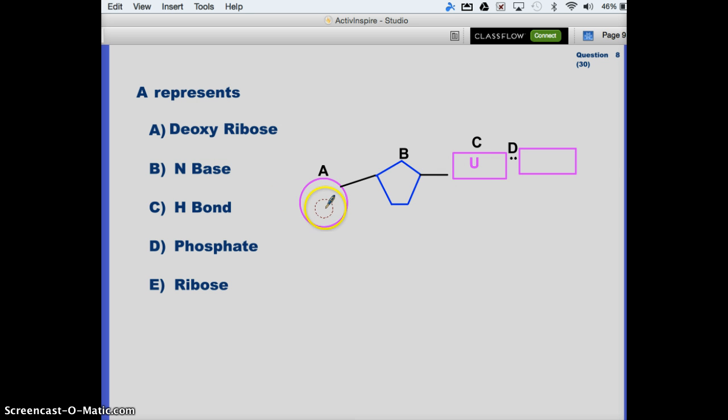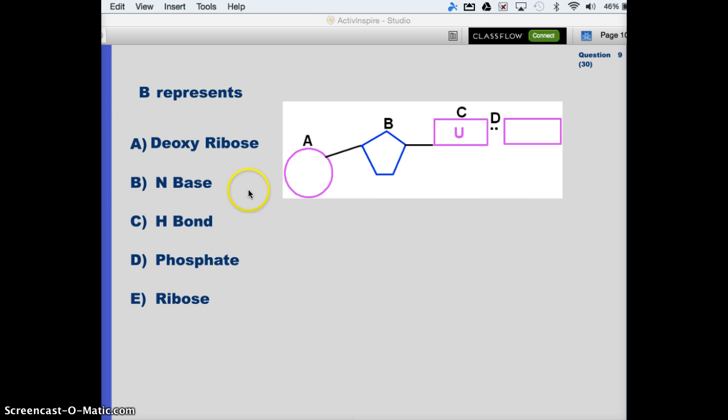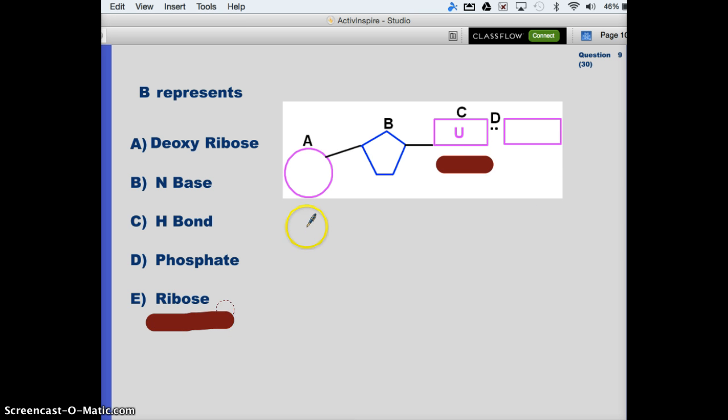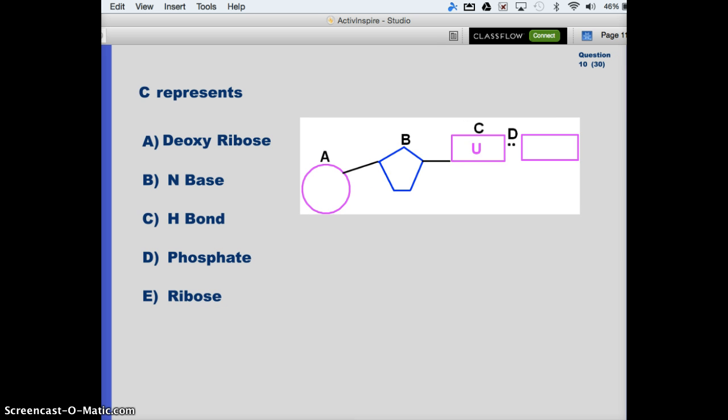So A would represent the phosphate. B, because you see a U here, the B would be ribose. B is sugar. If it's DNA, it's deoxyribose. If it's RNA, it's ribose. C would be an N base.